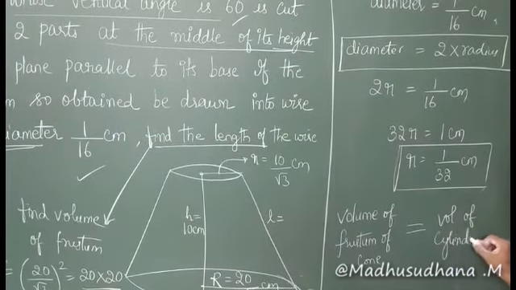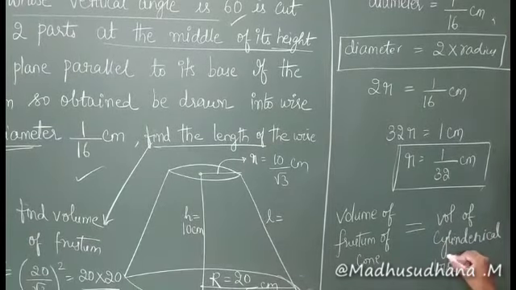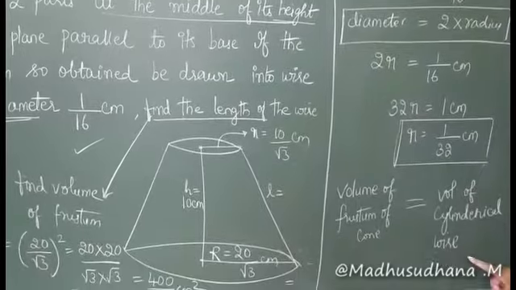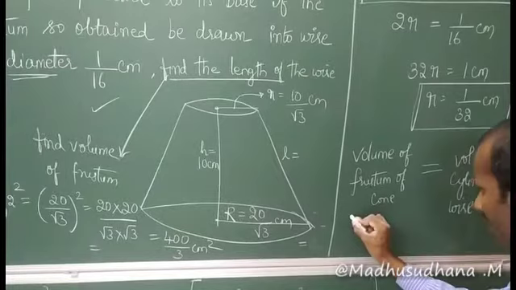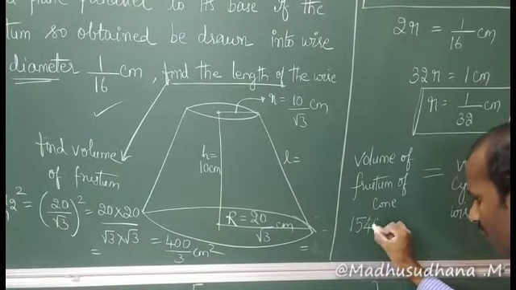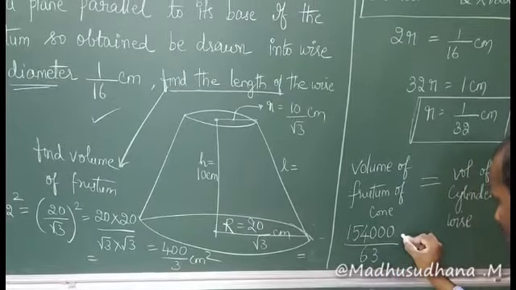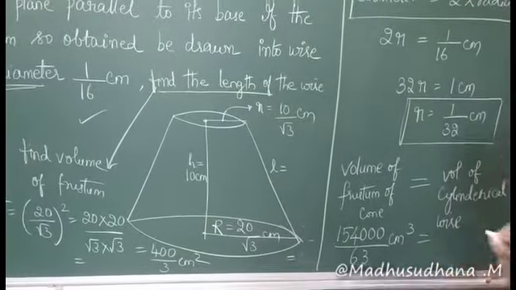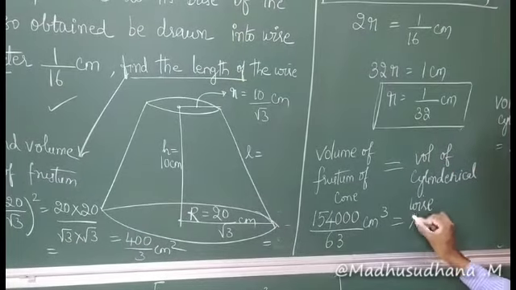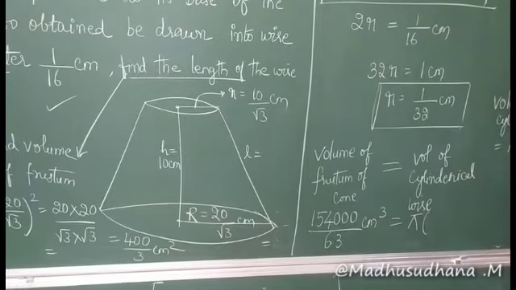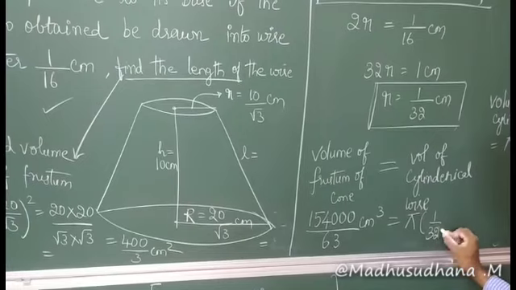What is the volume of the frustum of the cone? We have got 154,000 divided by 63 cubic centimeters, which is equal to the volume of the cylindrical wire. This is pi r square h. What is r now? This is 1 by 32 centimeter.